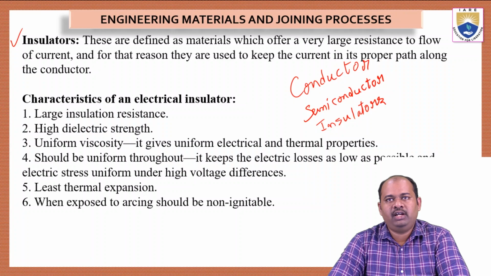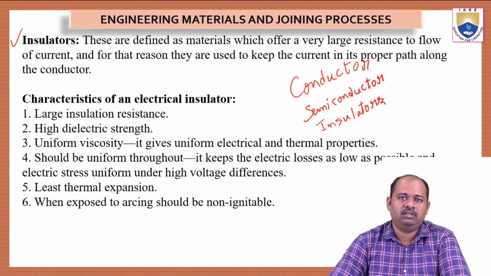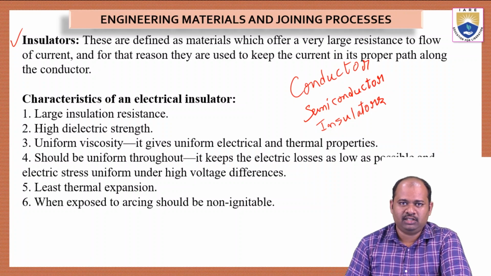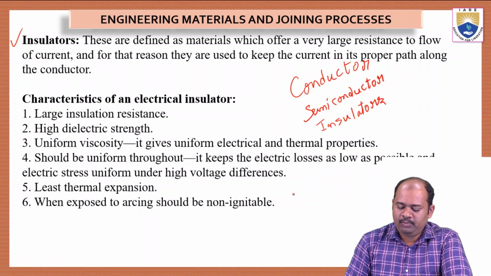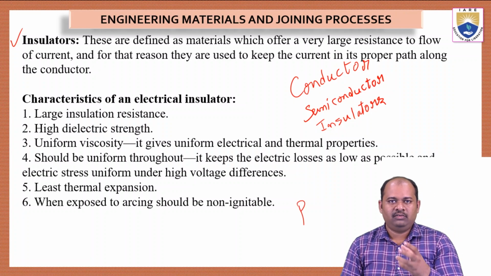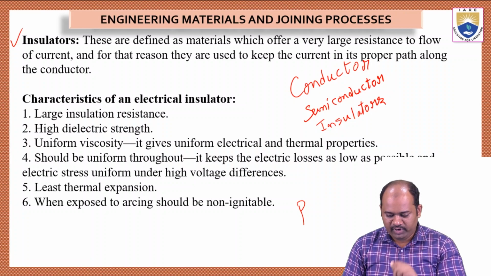Insulators are defined as materials which offer very large resistance to the flow of electricity, and for that reason they are used to keep the current in the proper path along the conductor. The best example of an insulator is plastic. All the plastic covering the copper wire on which electricity flows protects the copper wire.